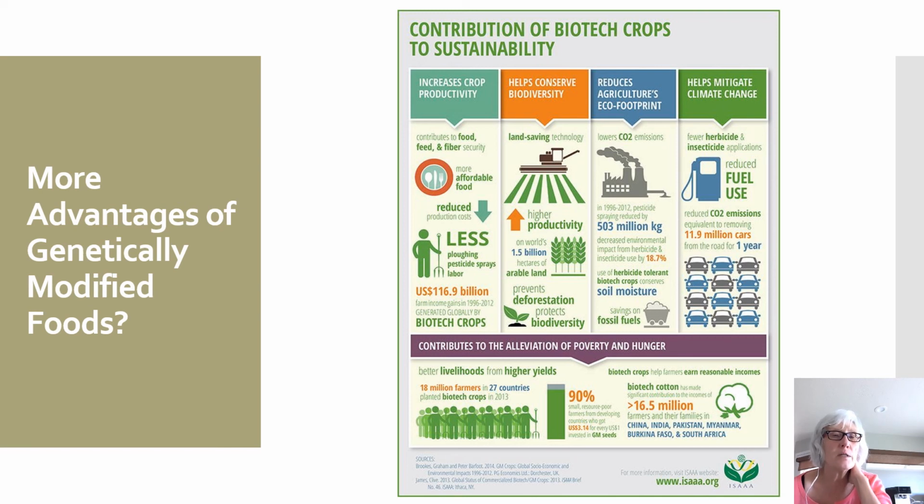It reduces agriculture's footprint, and it helps mitigate climate change. I'll leave it to each of you to investigate these claims, as this graphic was put together by a genetically modified food organization.